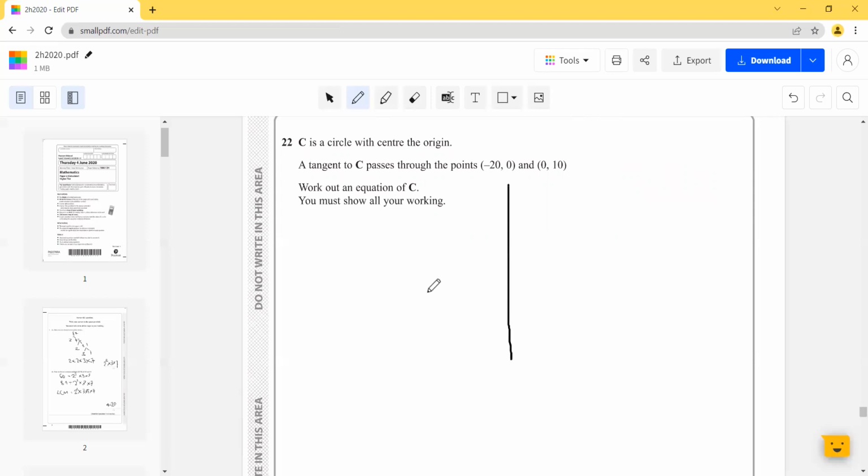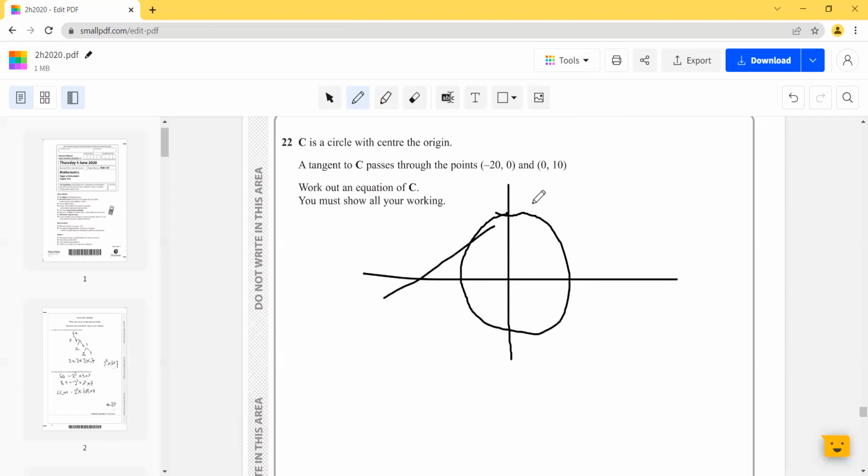But anyway, if you want to visualize the circle, it'll probably look something like this. We don't know what the radius is, so I'm not going to mark any points, but just as a visual, this is kind of what it looks like. And this is our tangent line.